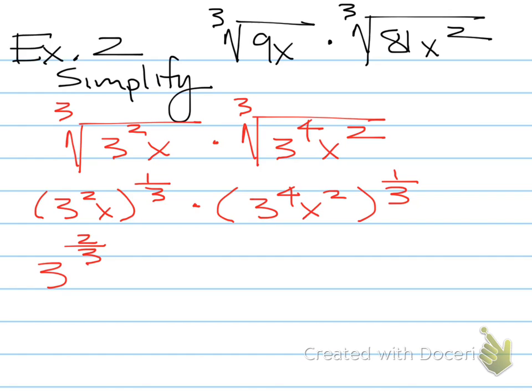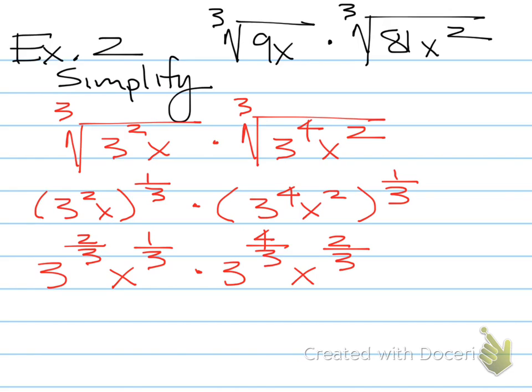So 3 squared raised to the 1/3 power, 2 times 1/3 is 2/3, and then x raised to the 1/3 power. 3 to the 4th raised to the 1/3 power is 3 to the 4/3 power, and then x squared raised to the 1/3 power is x to the 2/3 power.